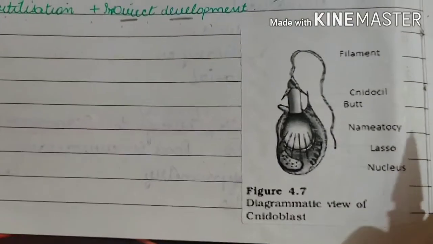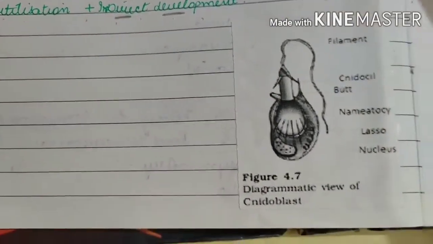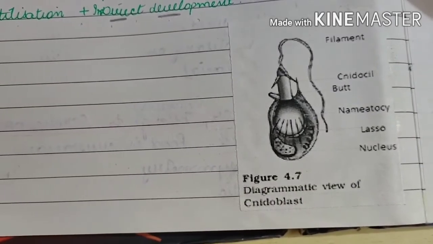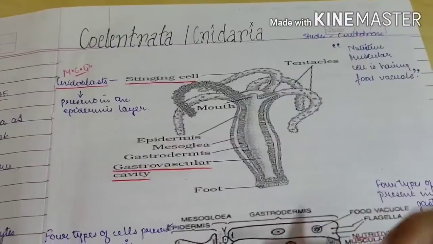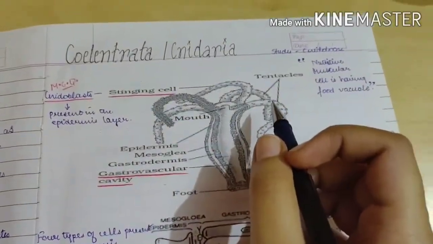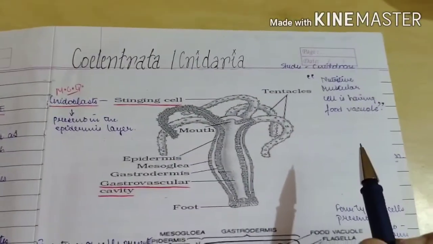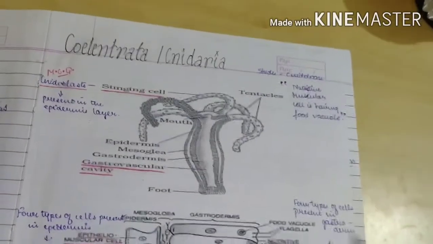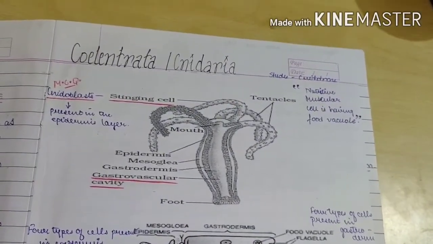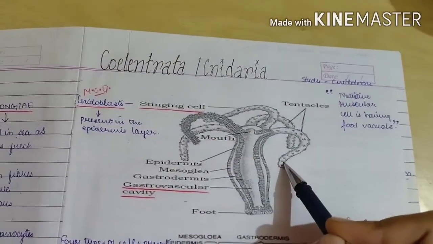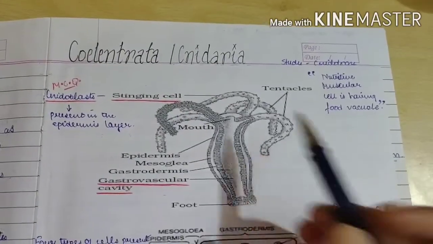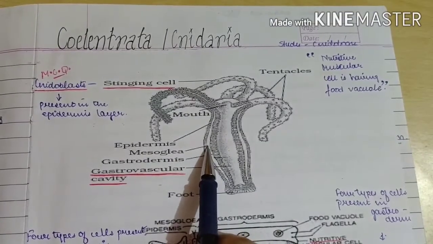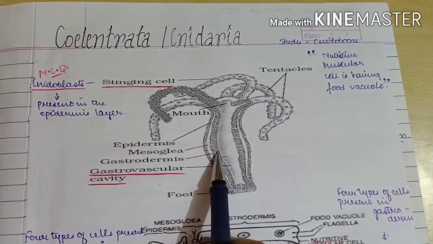This is the diagrammatic view of a simple nidoblast. Now coming to the NCERT diagrams of the coelentrates. First diagram is of Hydra. They have the tentacles which are for locomotion. They have a mouth. Outer layer is the epidermis, in middle is the mesoglea, and the inner is the gastrodermis.